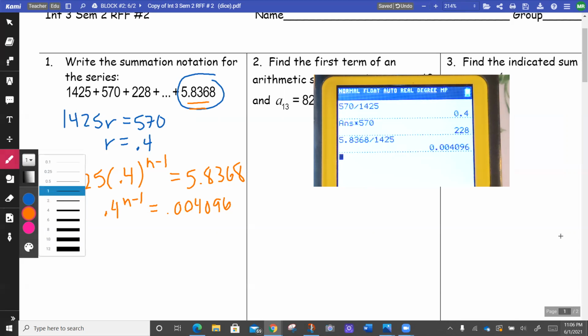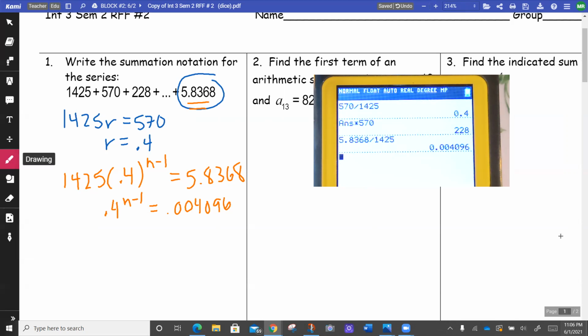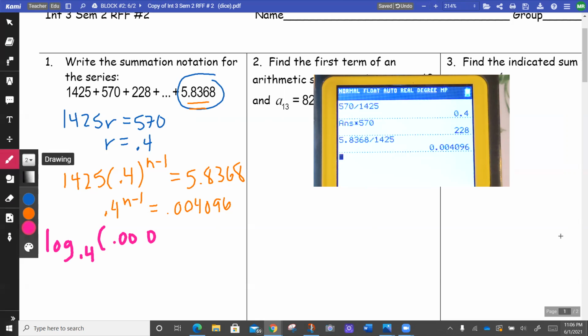So to rewrite this in logarithmic form, I'm going to take log base 0.4 of 0.004096 is equal to n minus 1. I'm going to put that into my calculator, and then my final answer I'm going to add 1 to.